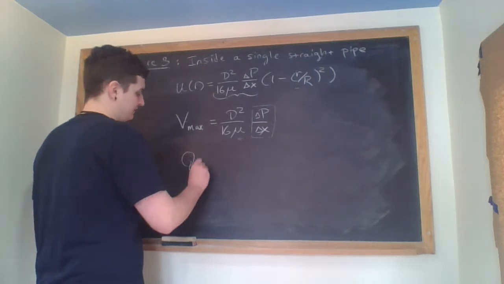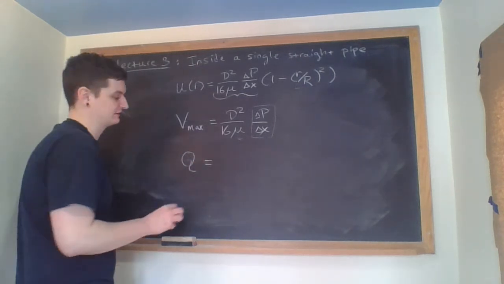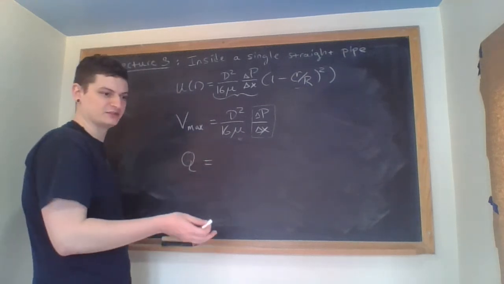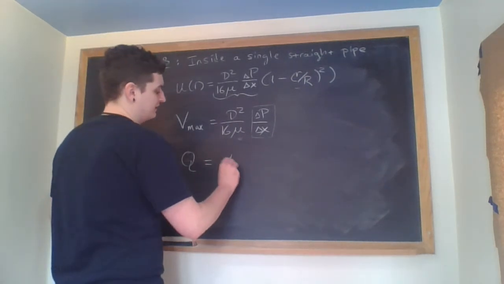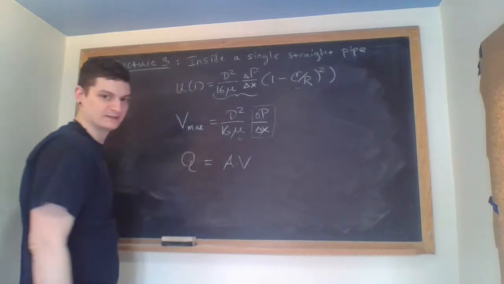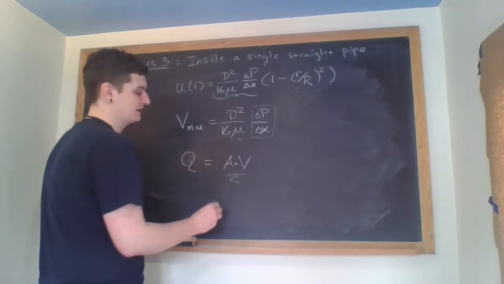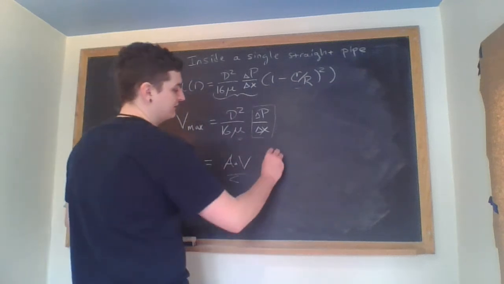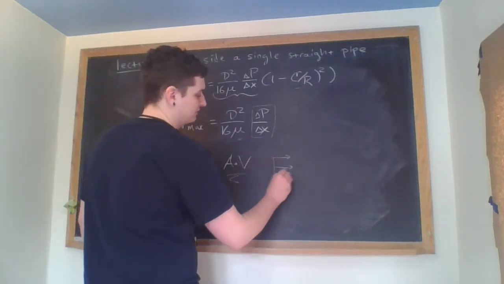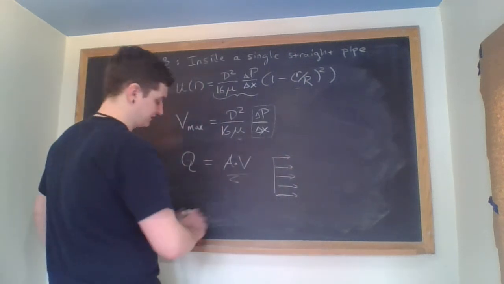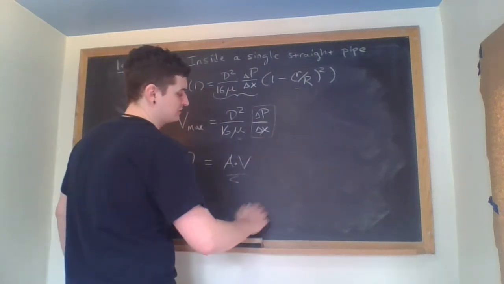So flow rate, or volumetric flow rate, is the easiest one. Before, maybe in classes, you just said that this was the area times the velocity. And this multiplication of two numbers is true if your velocity profile is straight.